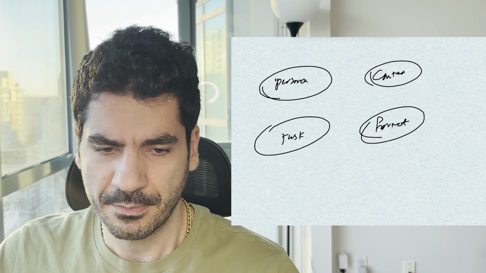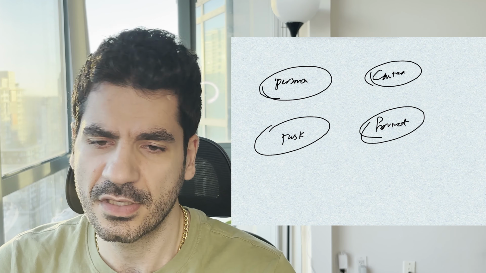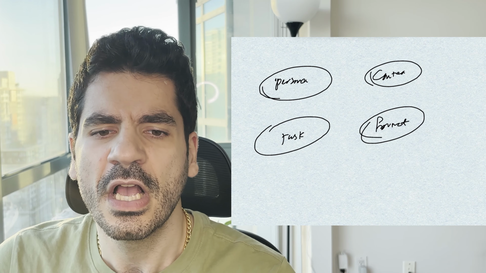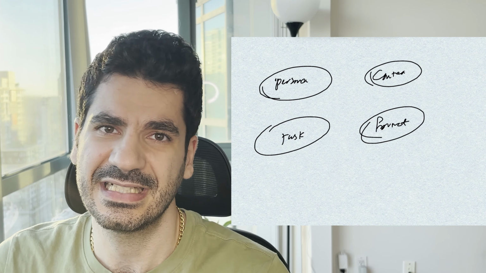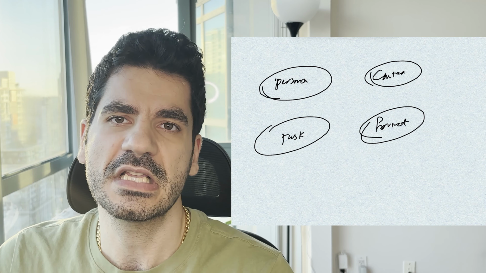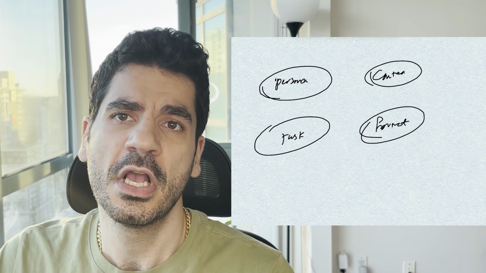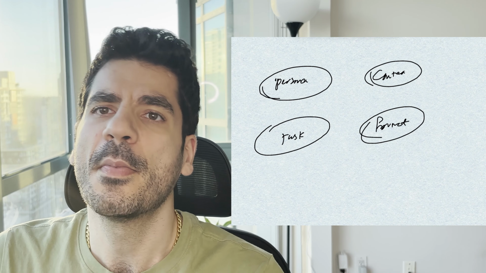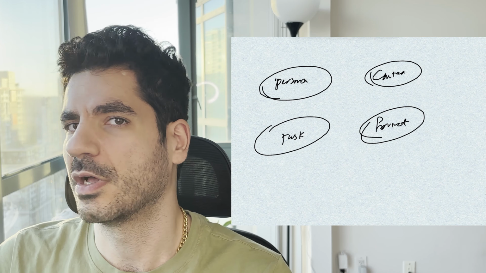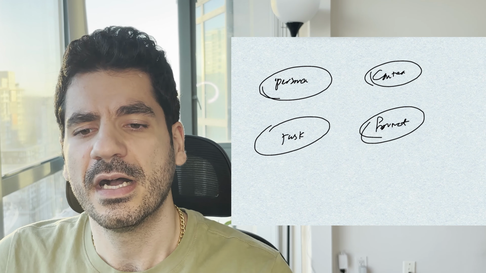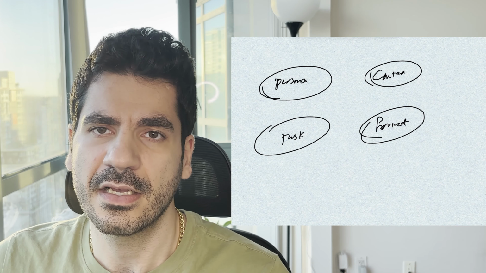To be more clear about each of them, inside the persona you actually define who exactly that AI is. So for example, in a Google example, you can say that you're a program manager with 10 years of experience, and you are going to help me accomplish this task. And this is important.